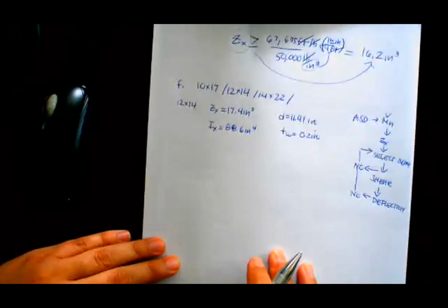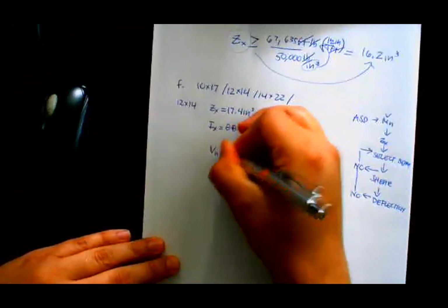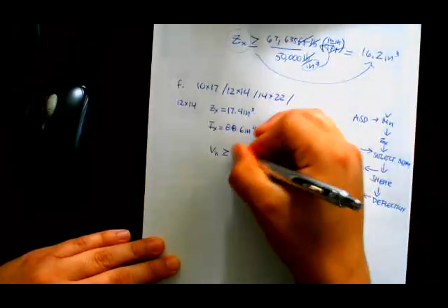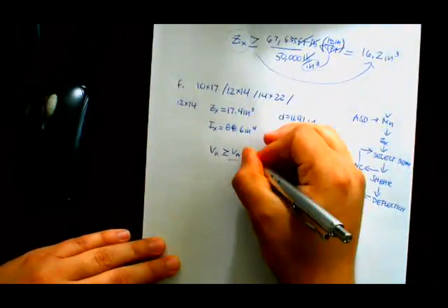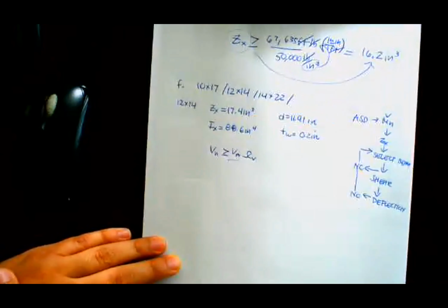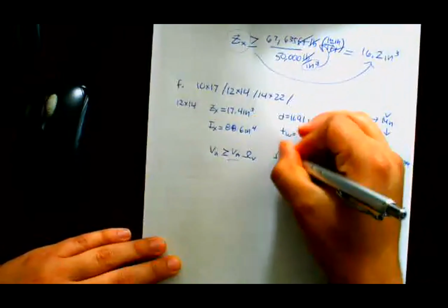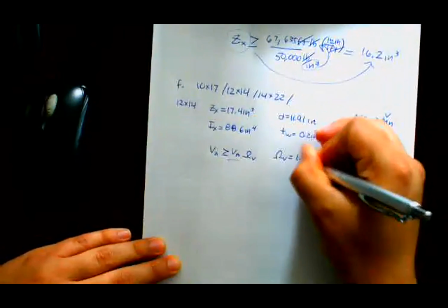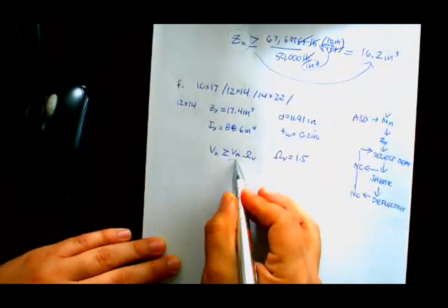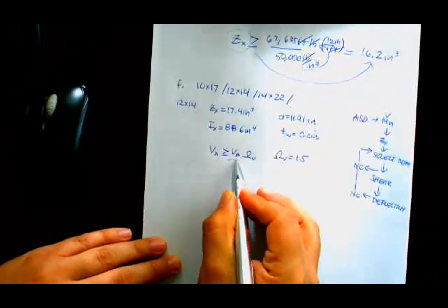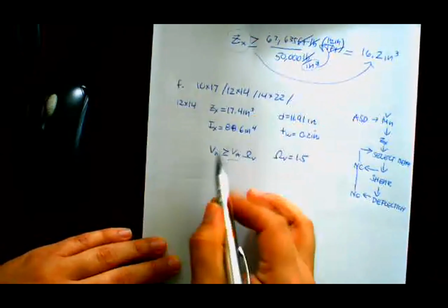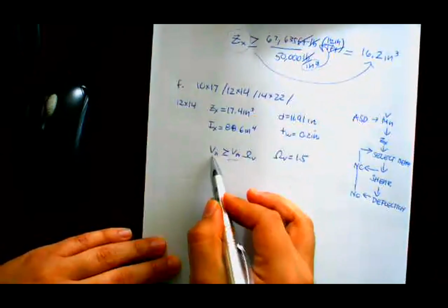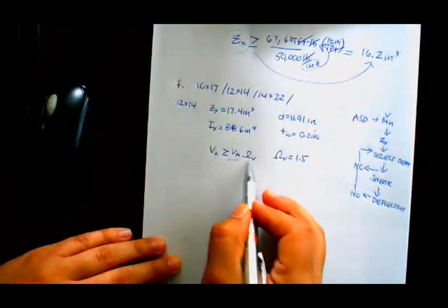All right. So what ASD tells me is that the nominal shear better be greater than the shear that the beam is going to experience times a safety factor of shear. That safety factor of shear given by ASD method is 1.5, which means the maximum shear that the beam is going to experience based on the load conditions times 1.5. Whatever beam you select better be at least this value. Okay.